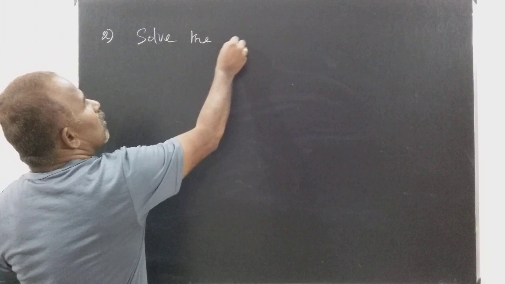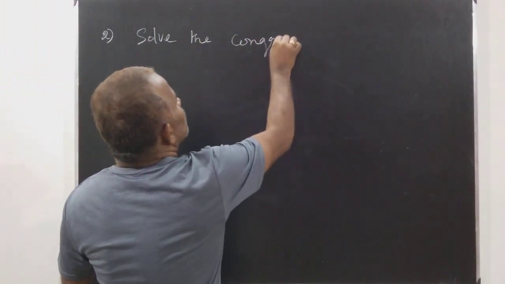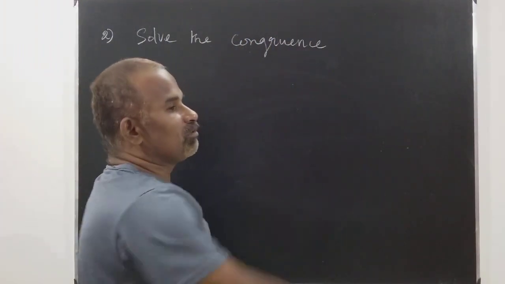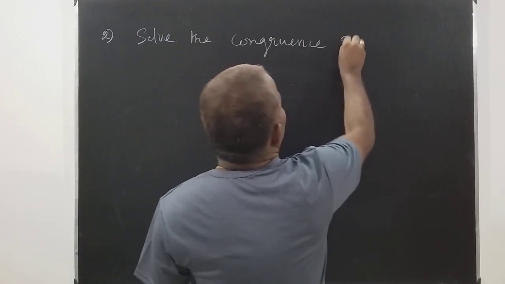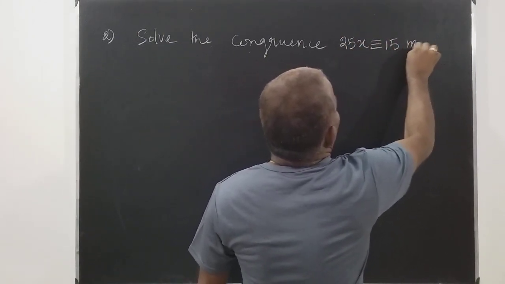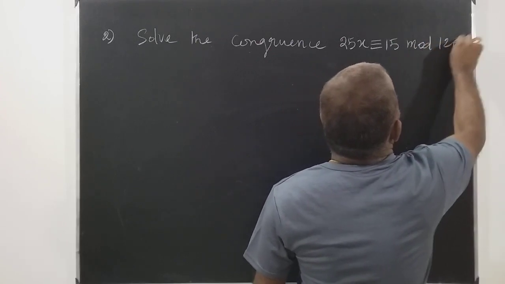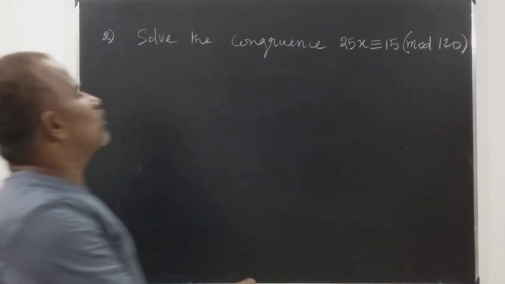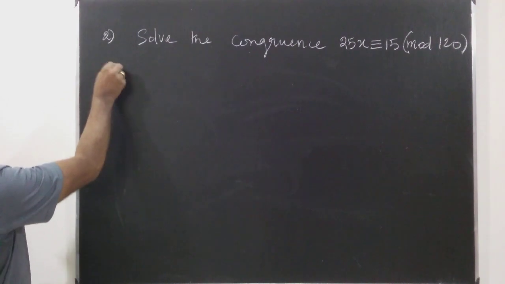Solve the congruence 25x is congruent to 15 mod 120. Solution.